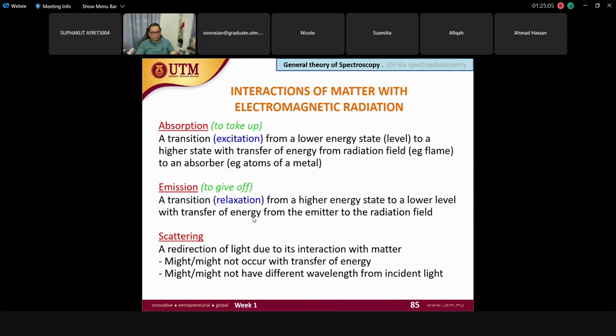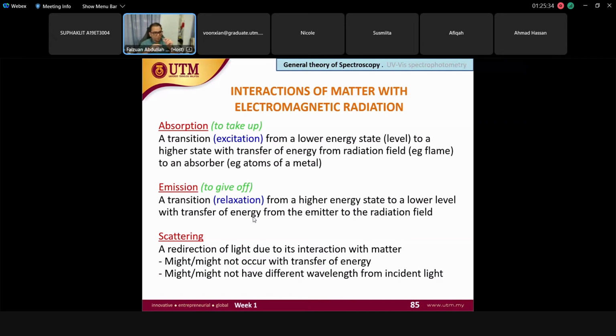Now, there are three types of interaction of matter with electromagnetic radiation. Absorption is to take up. It is a transition or excitation from a lower energy state to a higher state with a transfer of energy from a radiation field, for example, flame, to an absorber, for example, atoms of a metal.